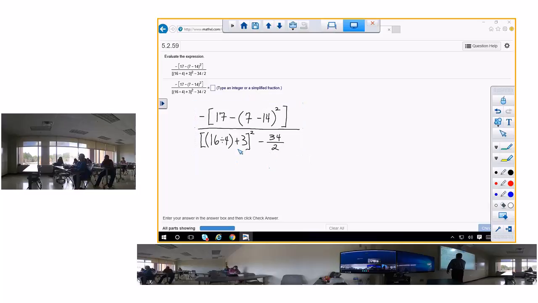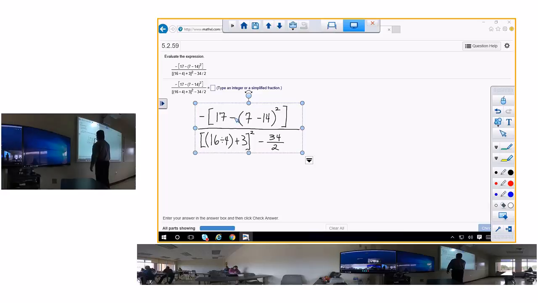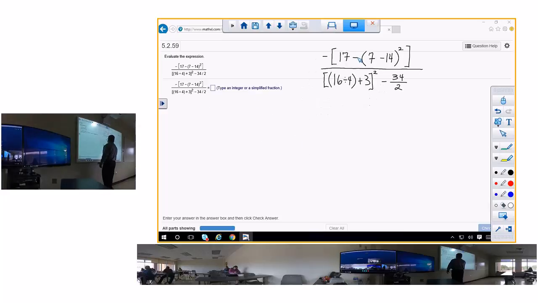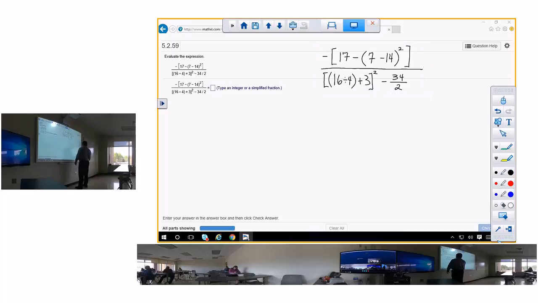And I'm going to put it right here. Now, please, what does please mean? Parentheses. So whatever's in parentheses, I'm going to do it first. So I'm going to highlight this and this.